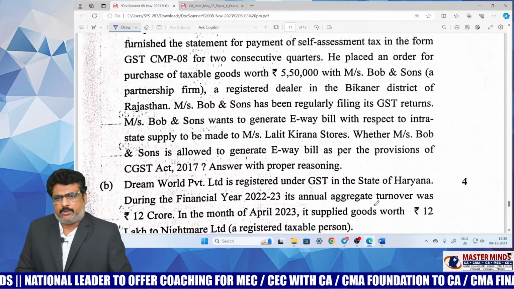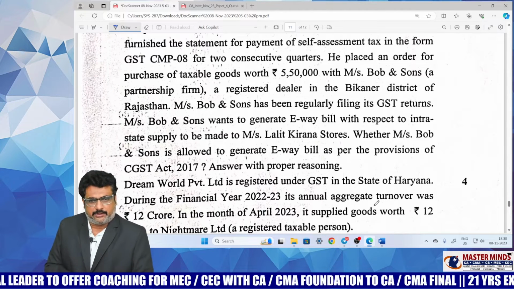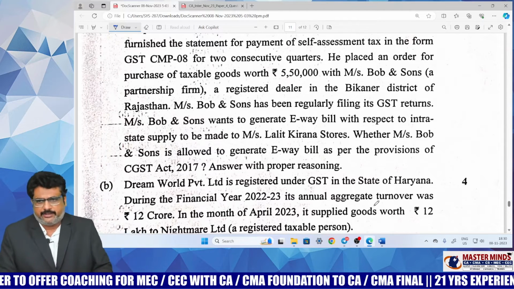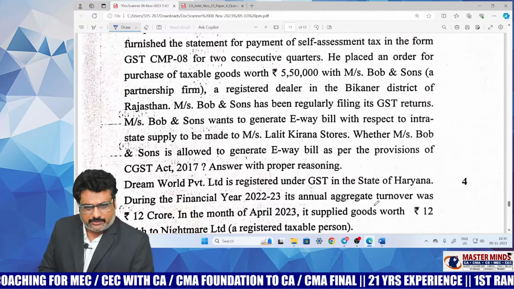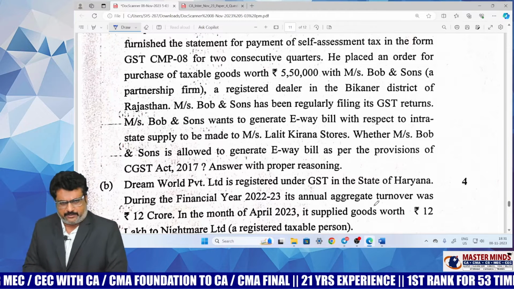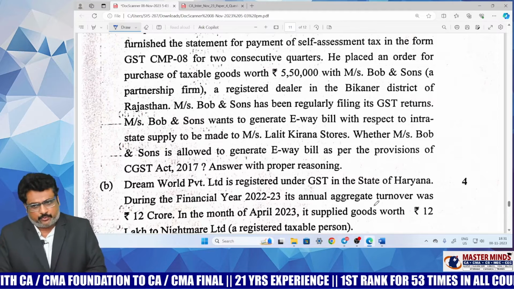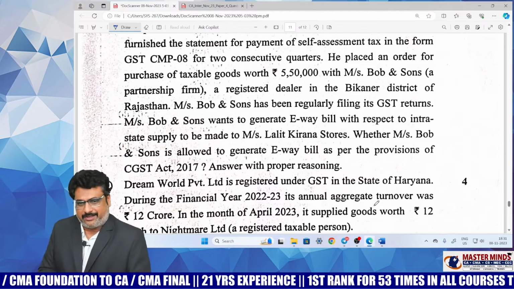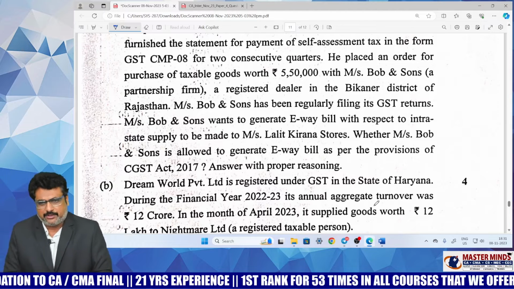He placed an order for the purchase of taxable goods worth 5,50,000 with Baban Sons, a registered dealer from Rajasthan. Baban Sons has been regularly filing his GST returns. Baban Sons wants to generate an e-way bill with respect to intrastate supply to be made to Lalit Kirana Stores. Whether Baban Sons is allowed to generate an e-way bill as per the provisions of the CGST Act 2017, answer with proper reasoning.